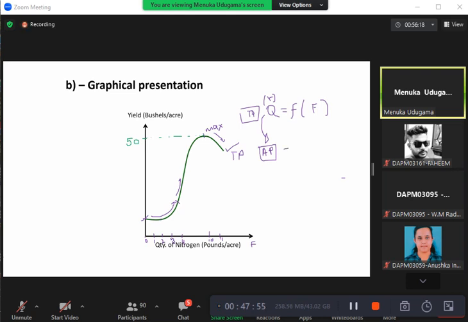So average product then is what? Quantity divided by the amount of fertilizer. Average is the amount per unit of fertilizer. The quantity or output we get per unit of fertilizer. Then we can take the marginal product.